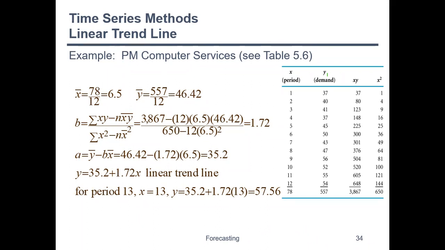Now to do that, we need to know the values of some of the variables. Now, when we talk of a linear trend line, basically we are trying to find the value of Y is equal to A plus BX.